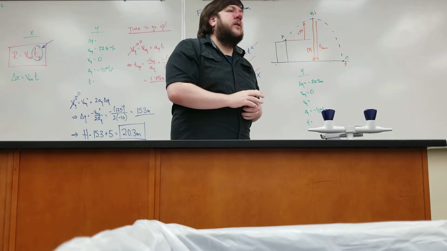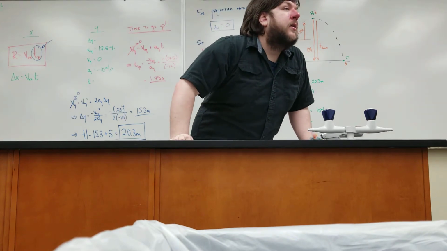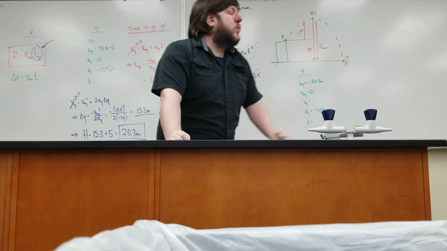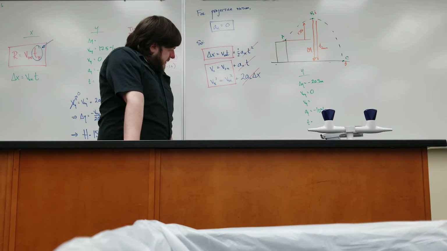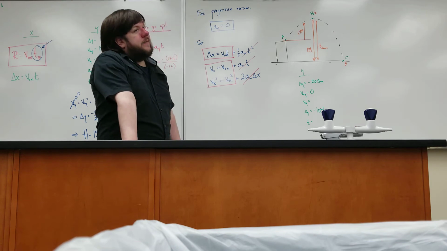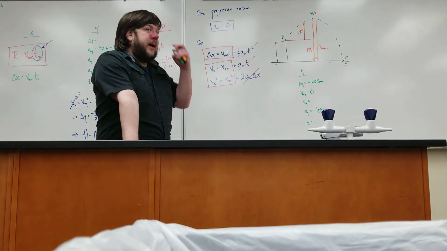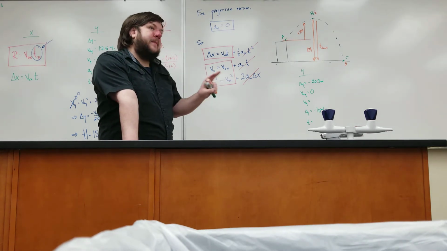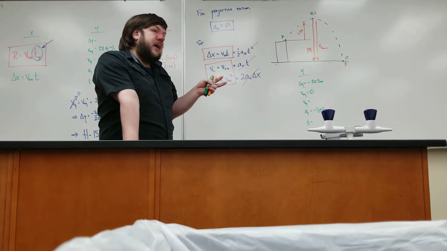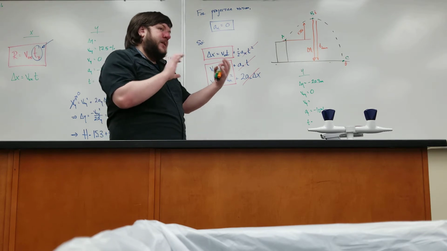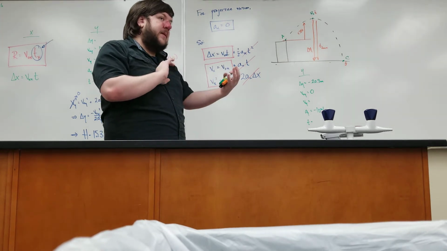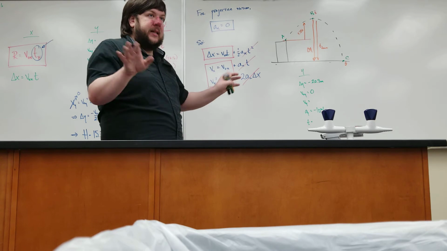Sorry, can you talk a little louder? You would, for this one, you would just get a negative time. That's all you would get for this equation. But it's really important to try not to make a mistake with the signs, because anytime you're adding two things when you should be subtracting them, then the answer is going to be completely different.